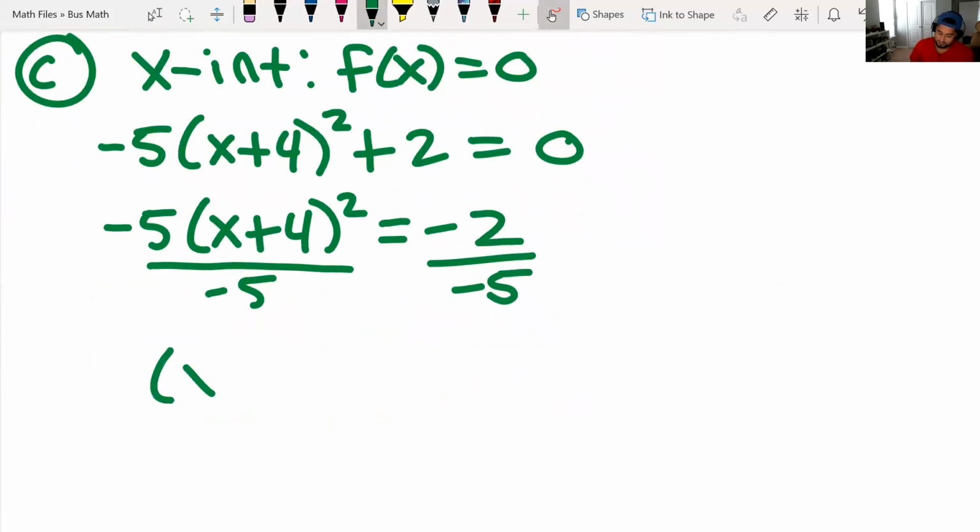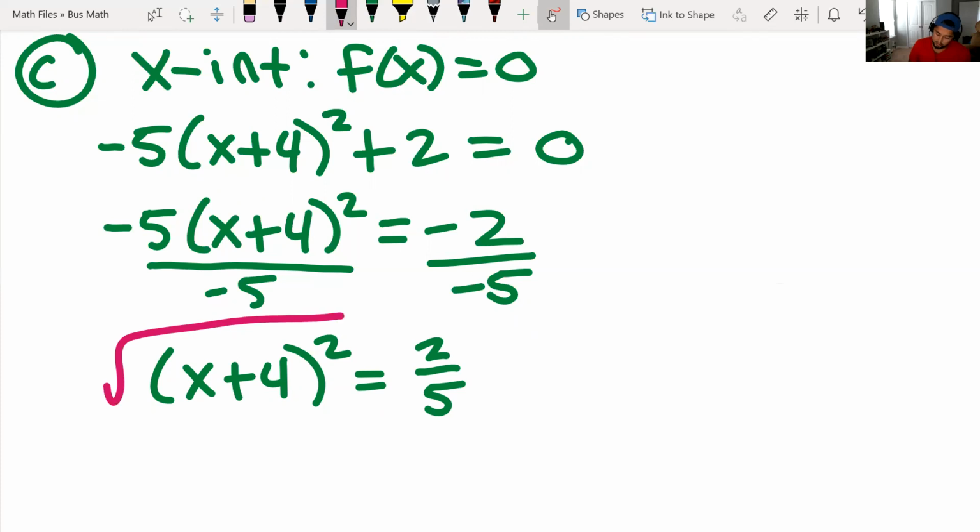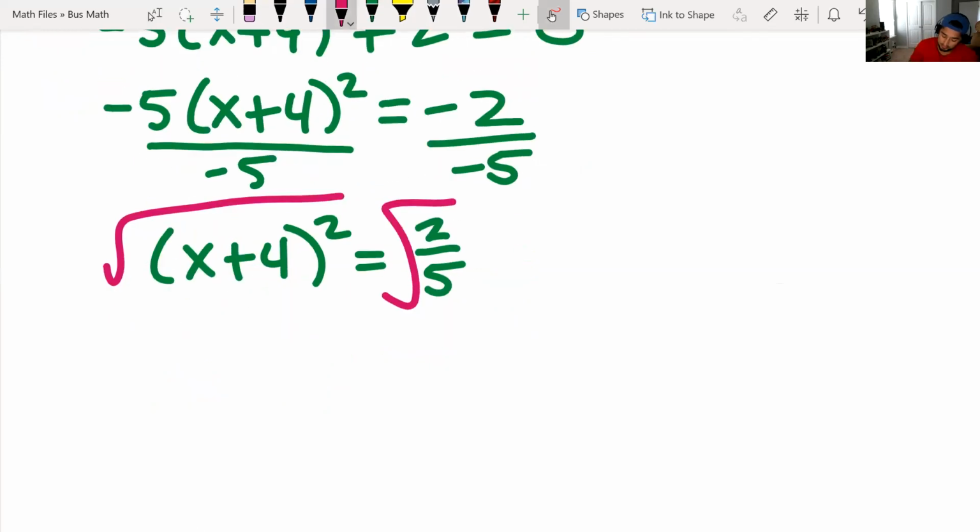Which means we'll have x plus 4 squared equal to positive 2/5. Okay, and then square root, square root. Ooh, this is gonna get ugly. All right. So you'll have x plus 4 equal to plus or minus the square root of 2/5. Oy, how do we do that?